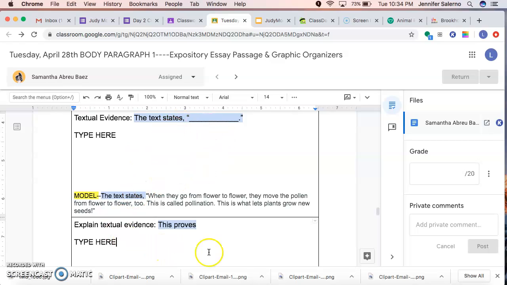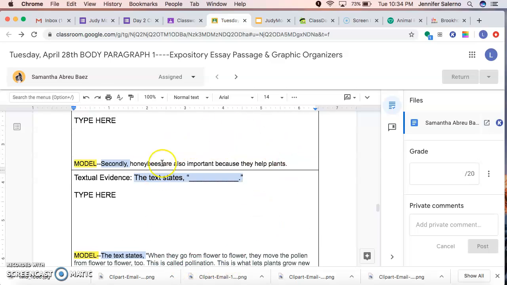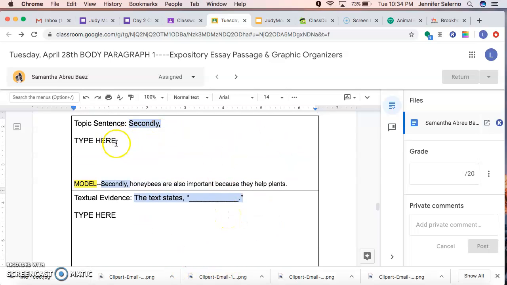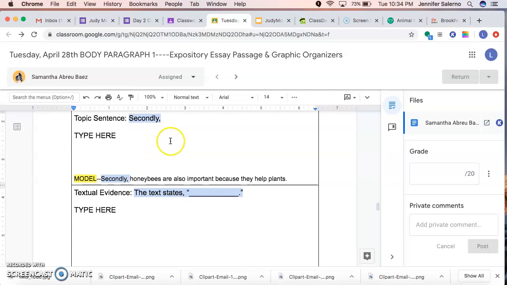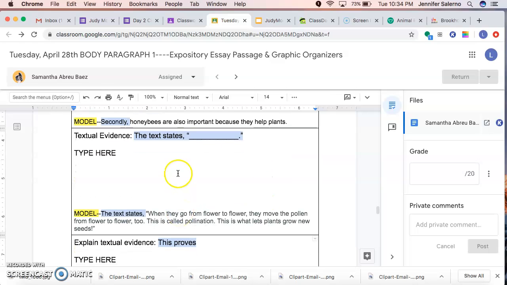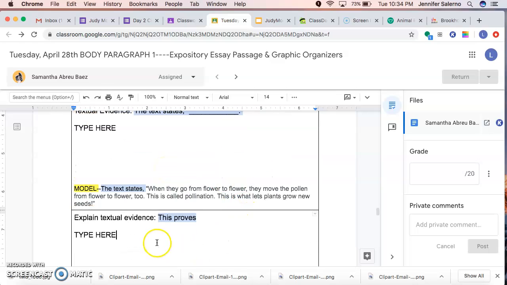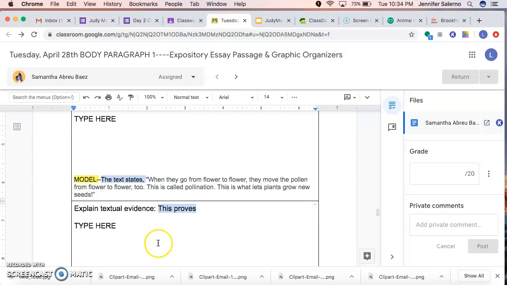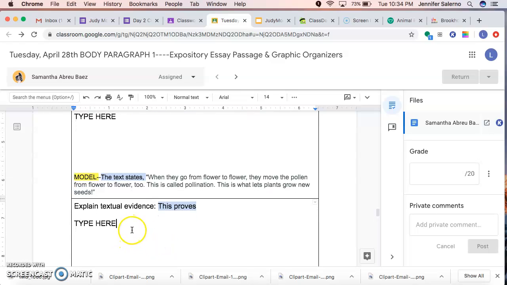Remember that this entire paragraph is focusing on basically what you're telling me about the rainforest being important to people, how they're important to people. That's what this focus is. So this answer connects to your textual evidence, and your textual evidence connects to your explain, okay? Again, the this proves is in your words, your words. Yes, you could obviously use keywords from the text to help you, but it should not be copied from the text for the this proves, okay?